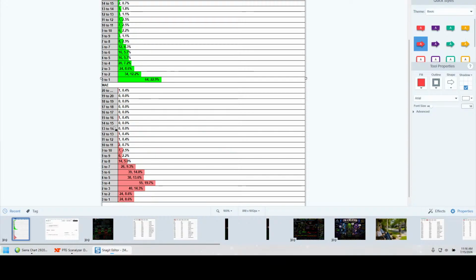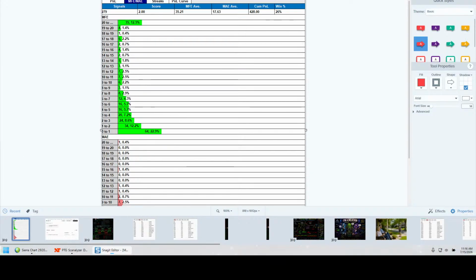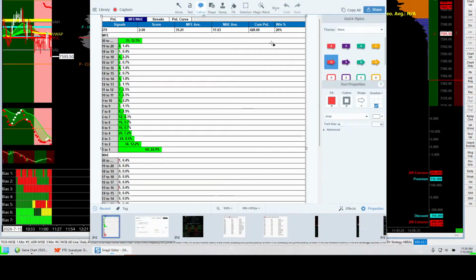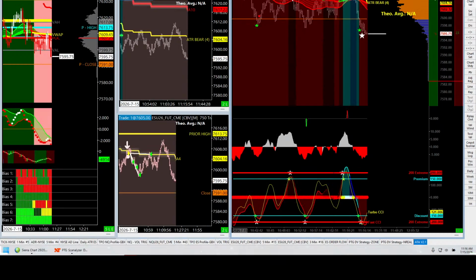Okay, so what this graphic sheet shows is this is the, wait a minute here. For some reason, it's not allowing me to draw on it. No, I don't want that. Okay, stand by.